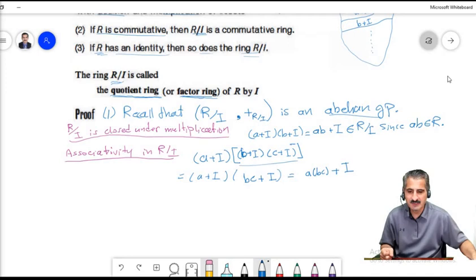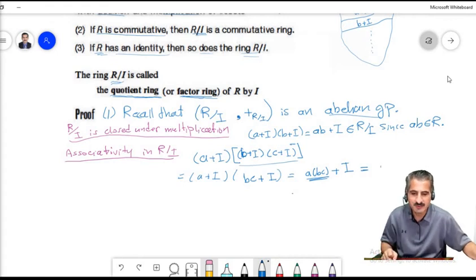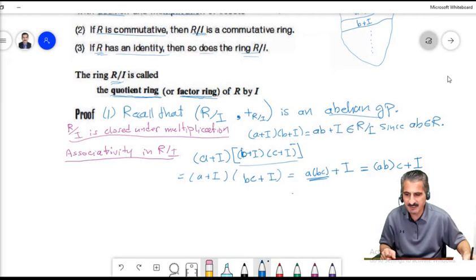Okay, now in here we will use the associativity of this multiplication, because a, b, c are elements from the ring R. So the associativity must hold there. So we will say this is ab times c plus I. Then we go back now and write this as multiplication of cosets.